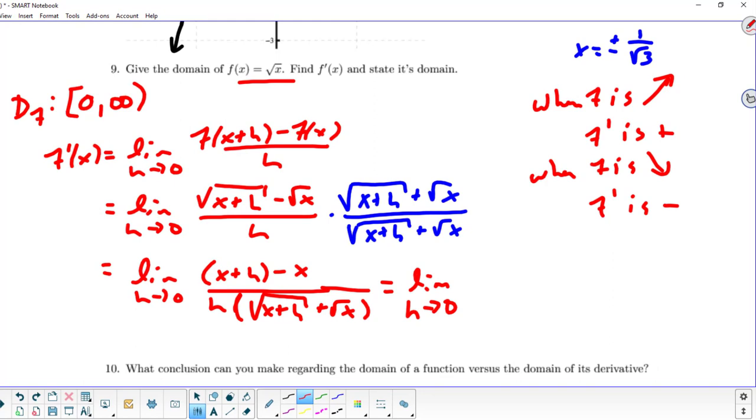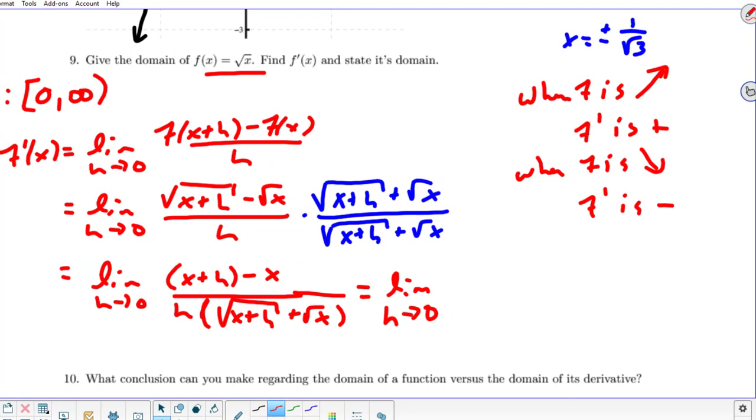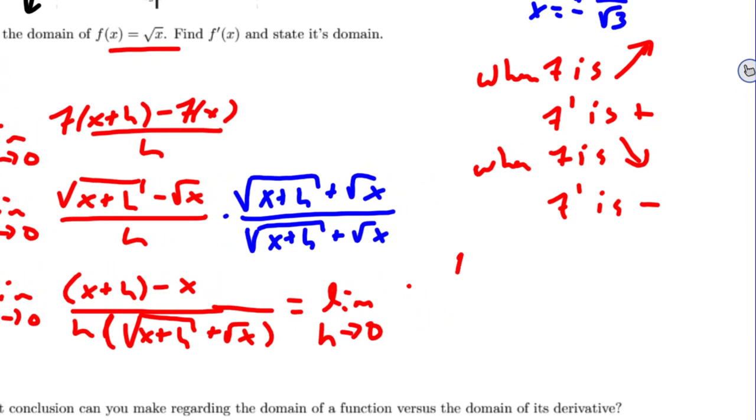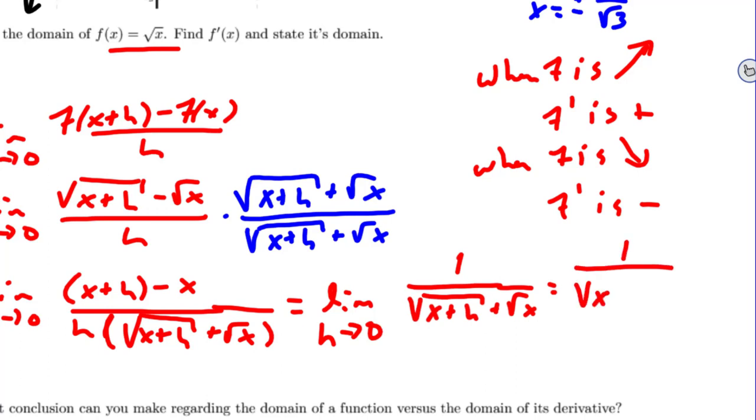In fact, we talked about this last time. I'm going to add out the x's and then divide out the h's, right? So that will leave me with 1 over the square root of x plus h plus the square root of x. And now I can evaluate that by direct substitution. We get 1 over the square root of x plus 0 plus the square root of x, which gives me 1 over 2 square root of x.